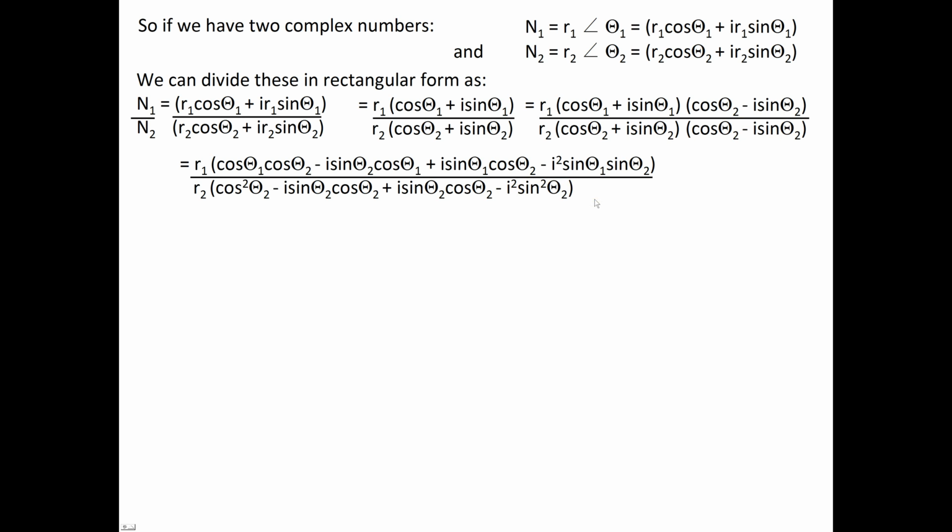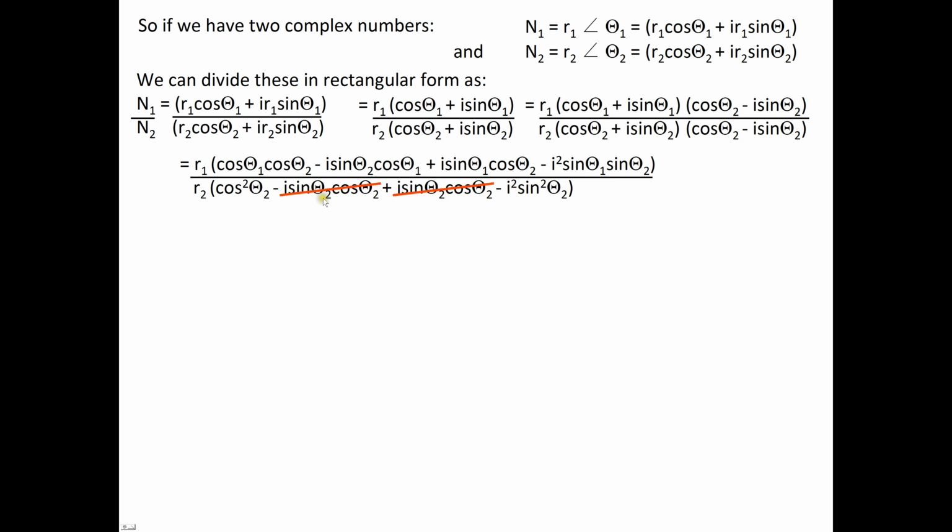Now in the same way that we said before that we can replace plus I squared by a minus sign, we can replace minus I squared by a plus sign. First of all let's just cancel out on the bottom.